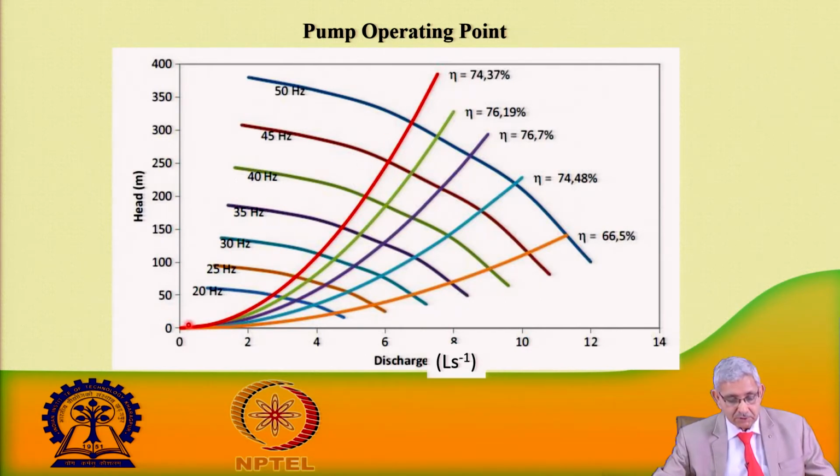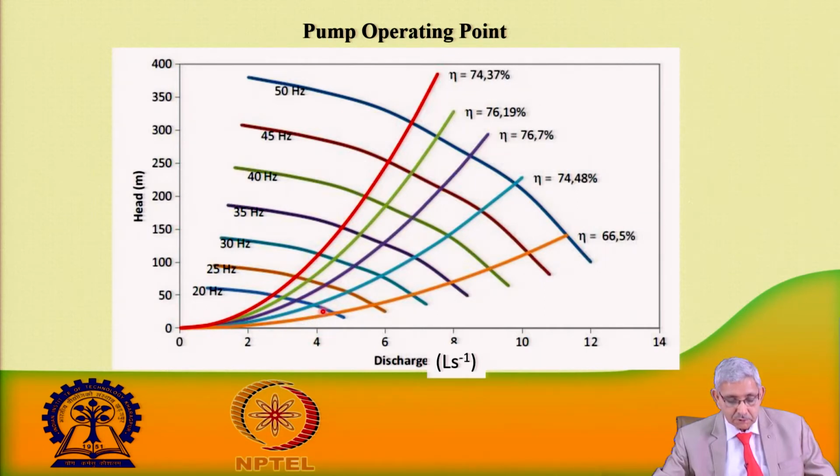This curve gives us, say, 74.37% efficiency when a pump is delivering a discharge of 4 liters per second and has a 100 meter head.